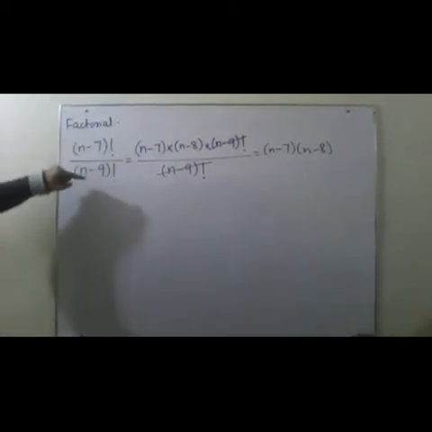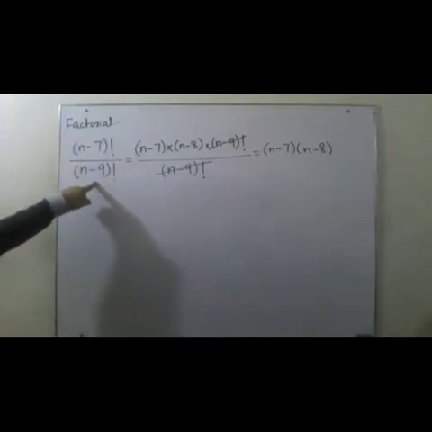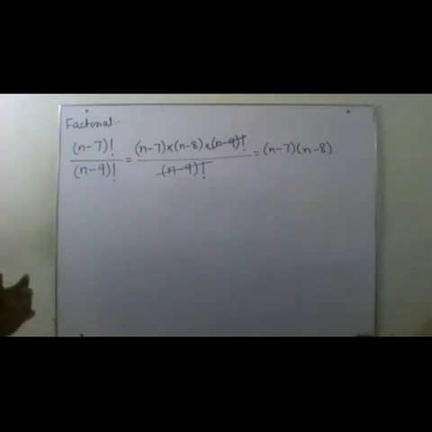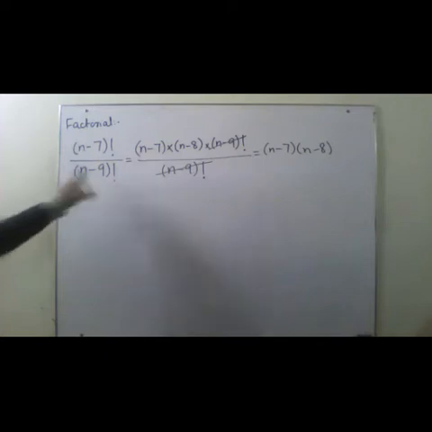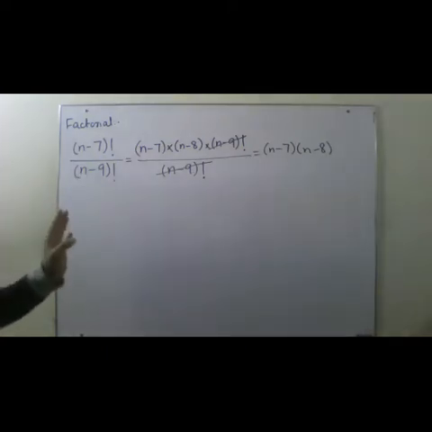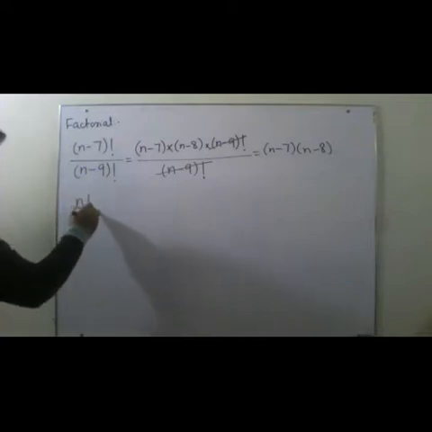Like over here, 7 is subtracted from here, 9 is subtracted from here. Which number is lower? 7 is smaller, so you will expand the 7 term. You will expand that factorial, you will not touch this one.